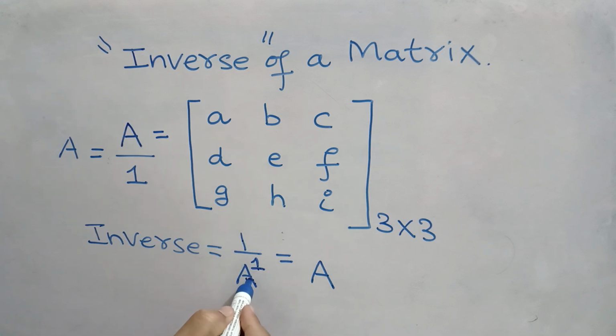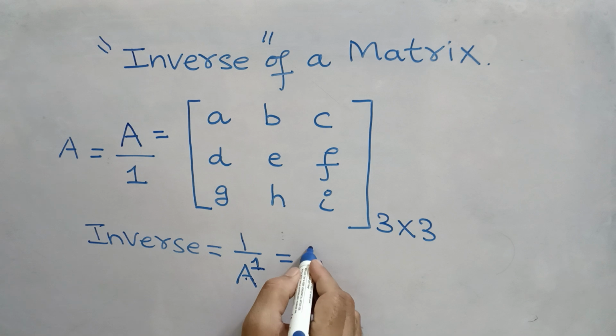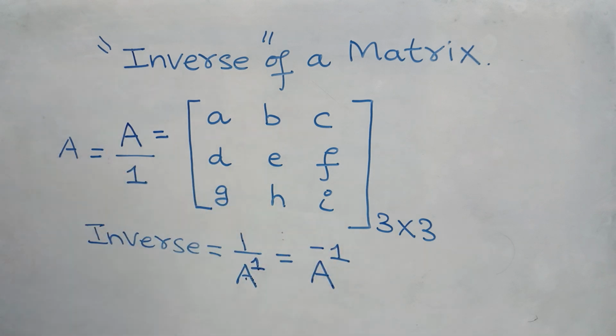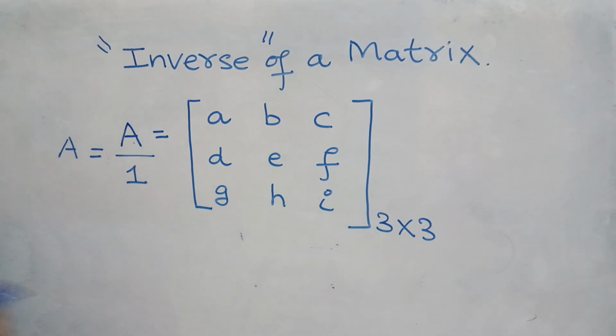You can bring this A to the numerator, and the sign of 1 becomes minus 1. Therefore, A power minus 1. Therefore, the inverse of A is nothing but A inverse. That is the meaning of it.